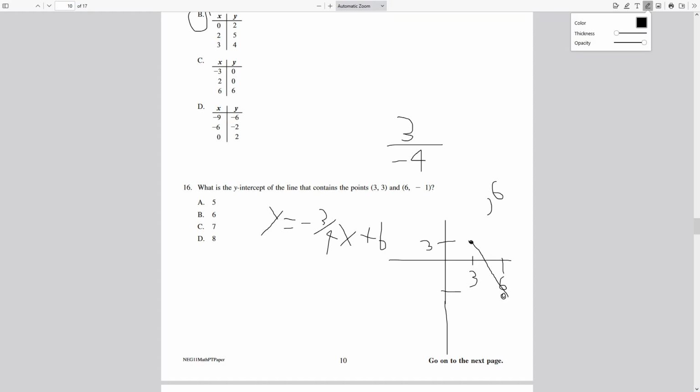Wait. It contains the points 3, 3, and 6, negative 1. Right?